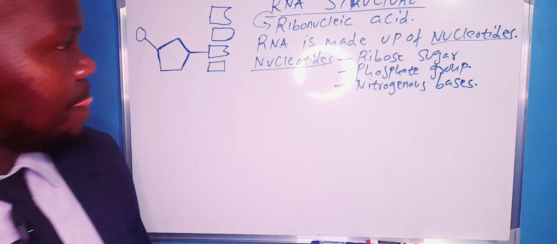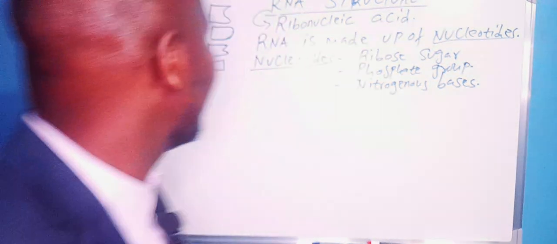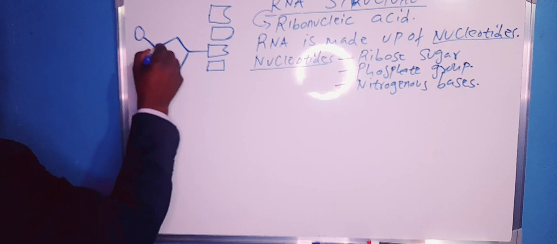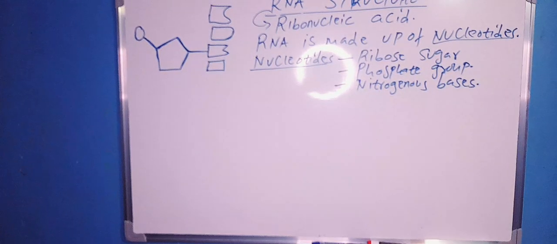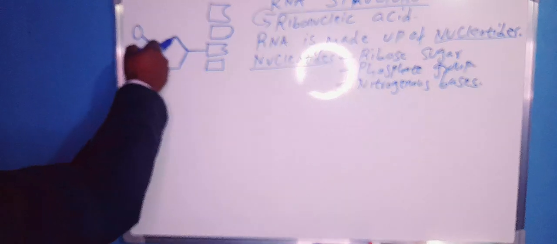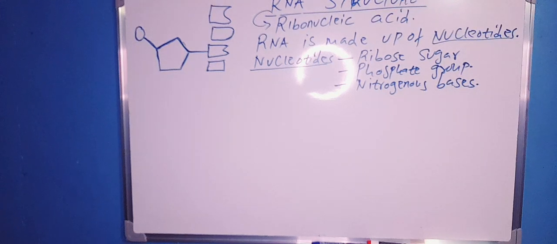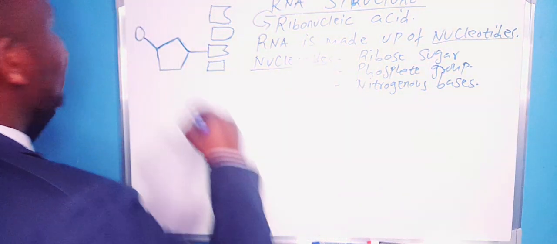We are saying we have a nucleotide structure, and my diagram here is my nucleotide structure. You can check, we have a circular structure, a pentagon. So we have the phosphate group and the ribose sugar.